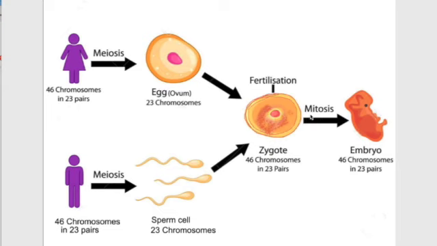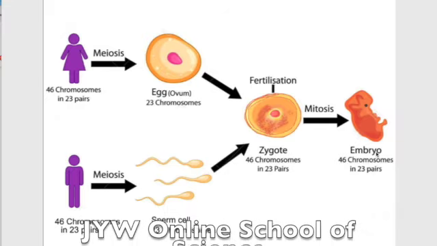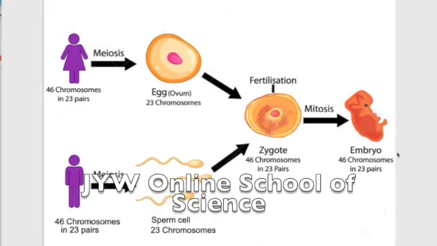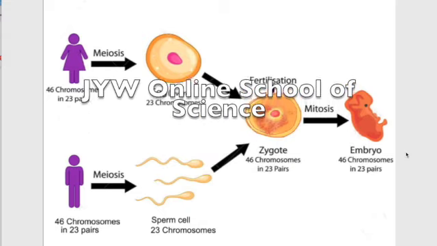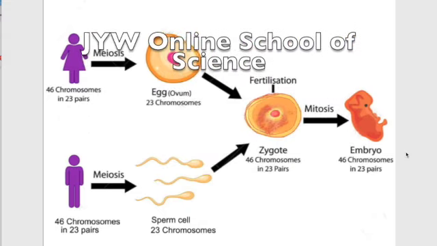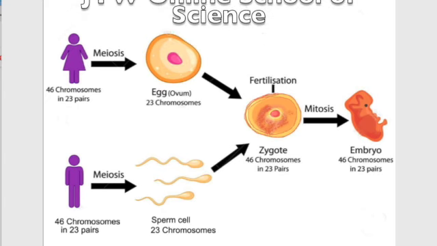And that is called mitosis, which means a single cell divides into 2 identical daughter cells without changing the number of chromosomes. So that develops into an embryo and further develops into a fetus and then becomes a baby. So this is how humans reproduce themselves.